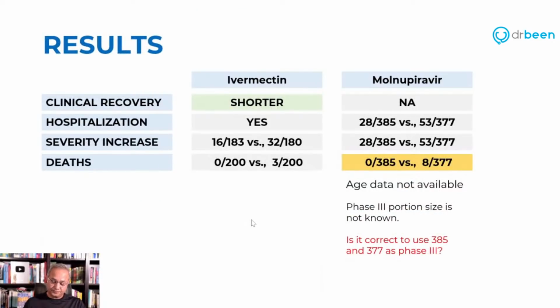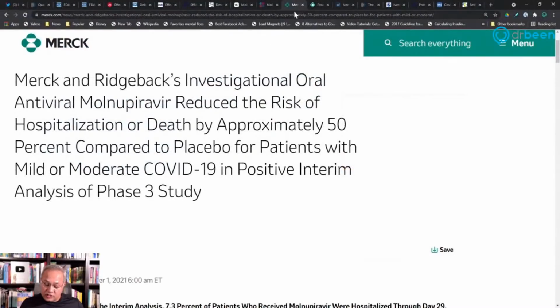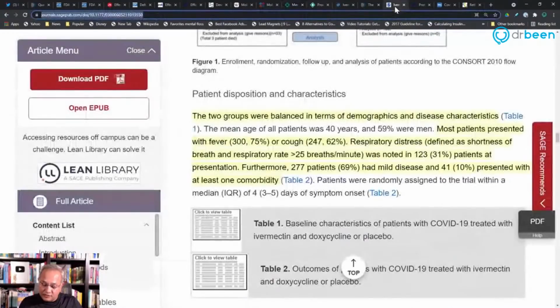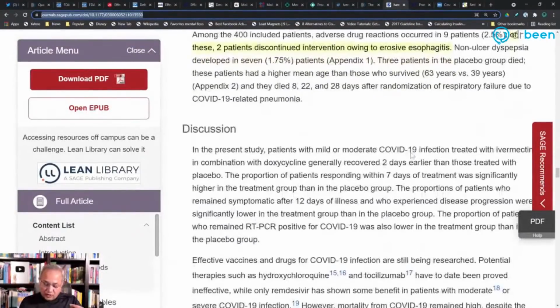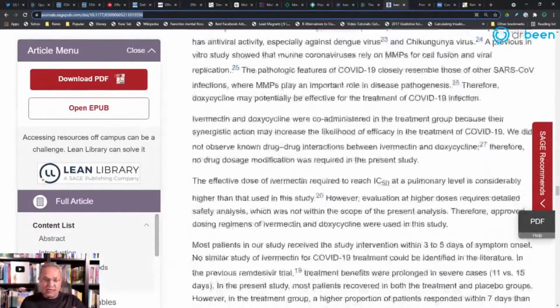Results, Mahmood study. Clinical recovery was shorter and that was significant. And they said in their conclusion that this shorter outcome was not just that the time period was short. It also meant that fewer people became severe.